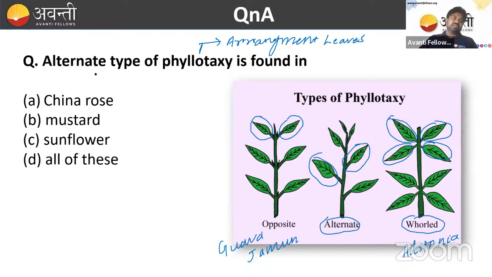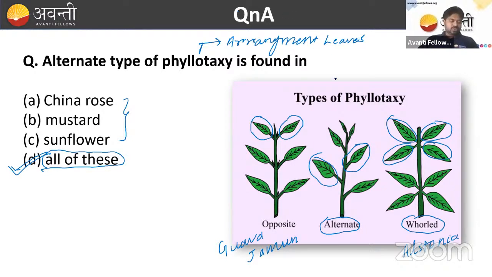In case of alternate phyllotaxy, all three are examples: China rose, mustard, sunflower. They all contain the alternate type of phyllotaxy, and that's why the correct option is option D, all of these. Okay, sure.